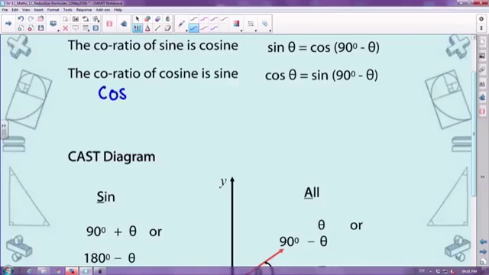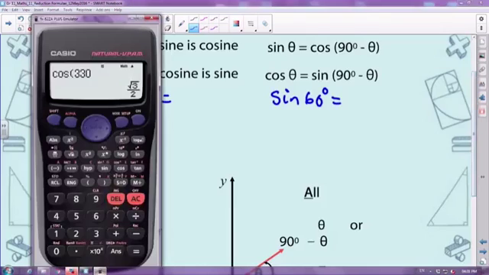Let's say you've got cos of 30 degrees and then sine of 60 degrees. Okay, so now we can quickly go to our calculator. That's cos of 30. This gives us root 3 over 2. Okay, so that's root 3 over 2.